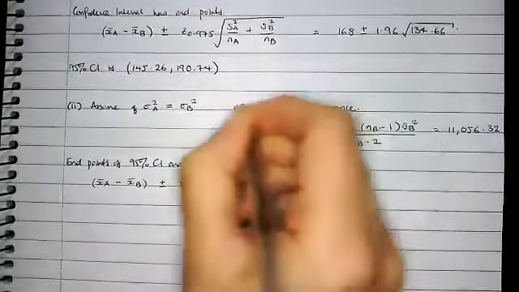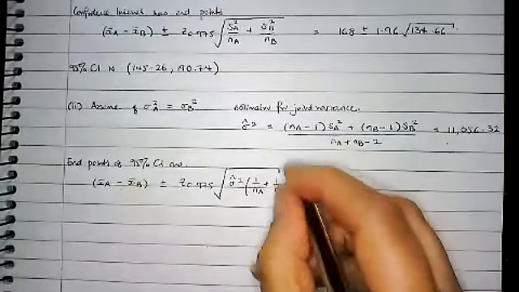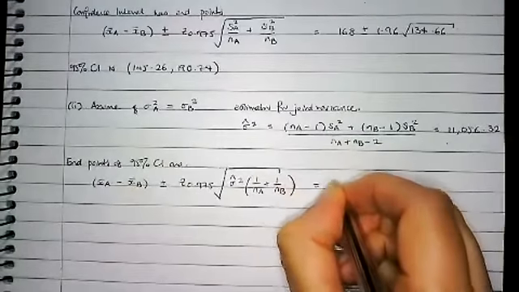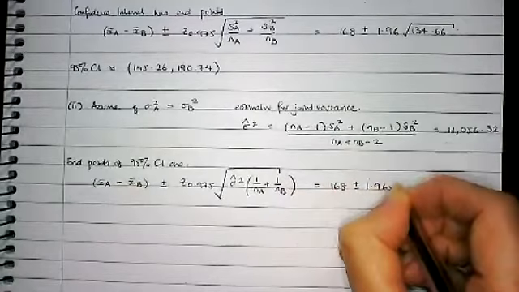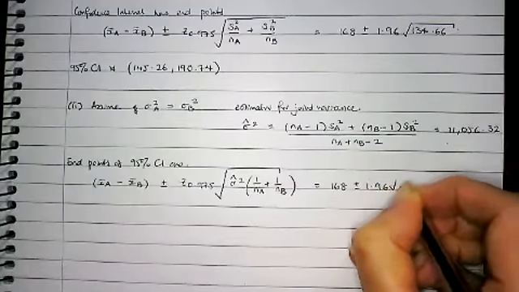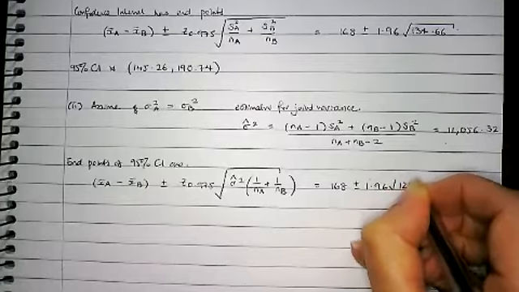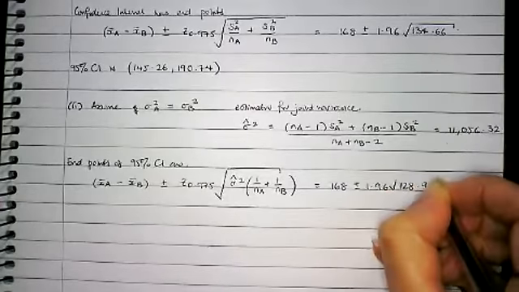Okay, if you crunch out what those values are, what we end up with is again 168 plus or minus 1.96 times by the square root of 128.99.